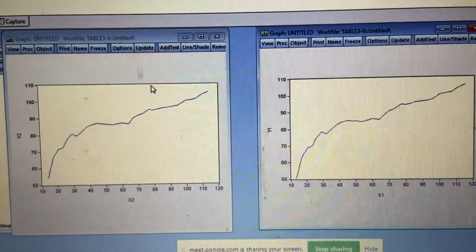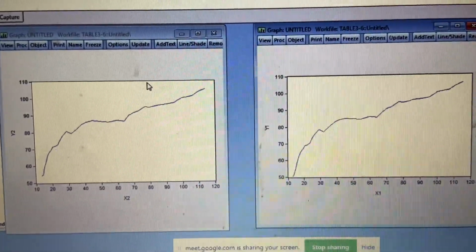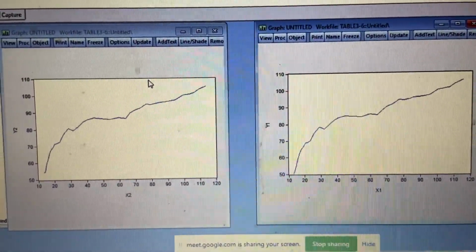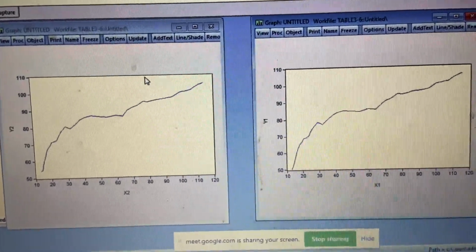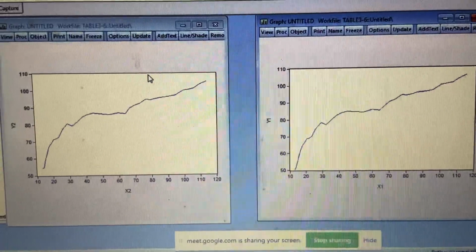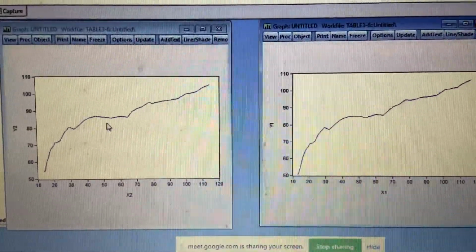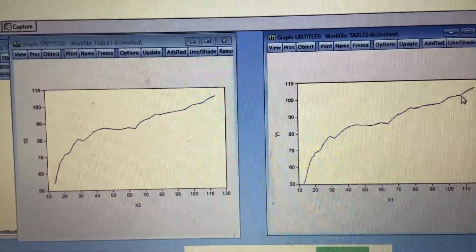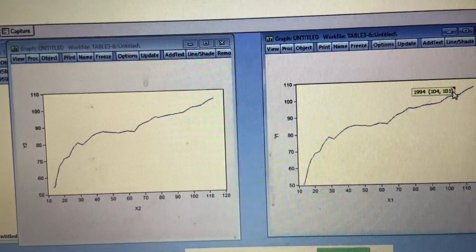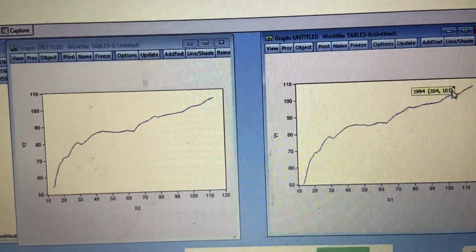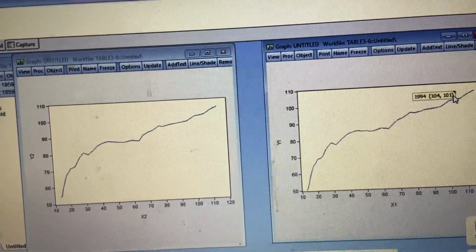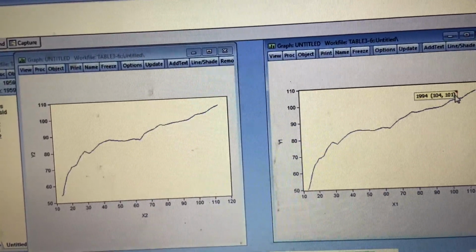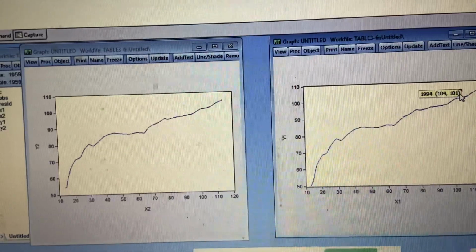Now, is there any relationship? Can you see it's increasing? Class? Yes. So we have X increase, so we have the Y also increase.